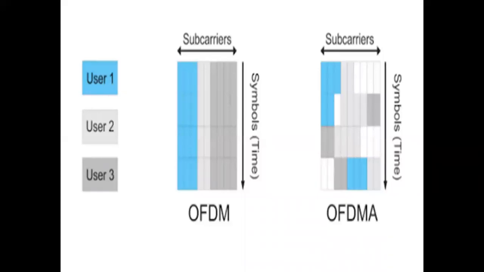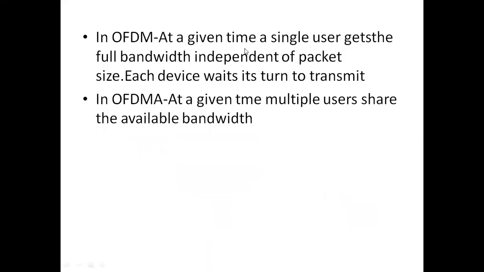But in case of OFDM, a single client can transmit his information at a time. Coming to OFDMA, here more number of clients can transmit their information at a particular time. Okay, so that is the difference. In OFDM, at a given time, a single user gets the full bandwidth independent of packet size. Each device waits its turn to transmit.